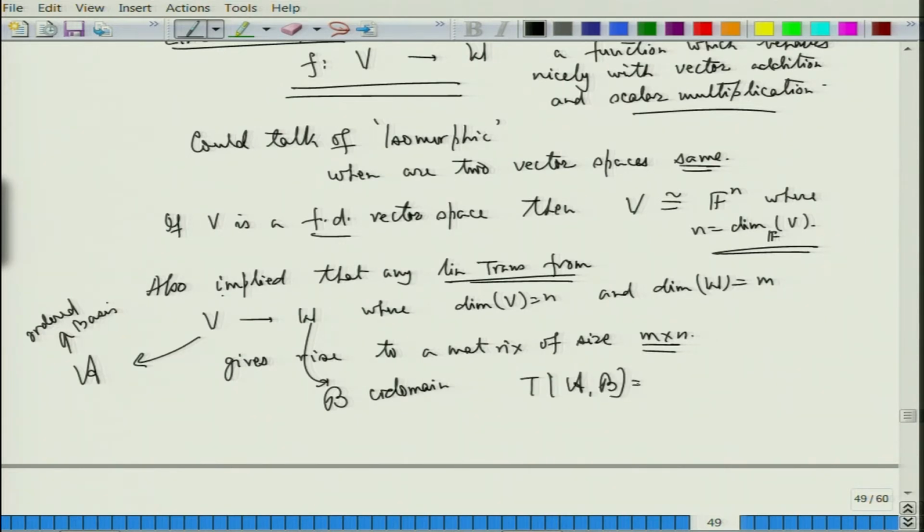The idea of T of AB was, so A has vectors say V1 to Vn.